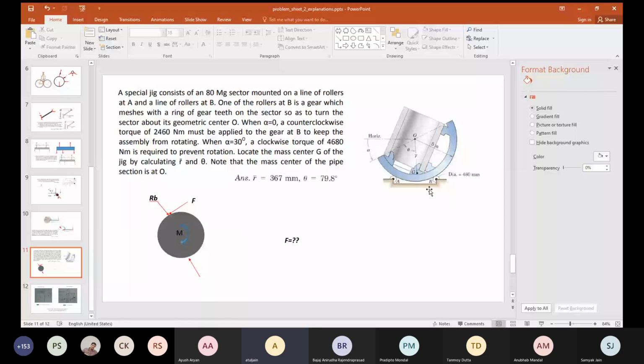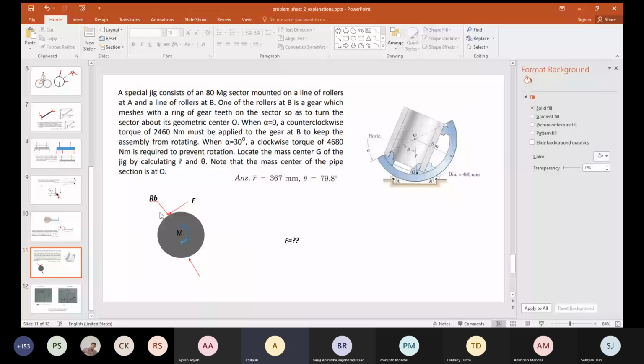The free body diagram of the gear at B looks something like this. You have a normal and tangential force at the point of contact between the jig and the gear, which I have drawn as RB and F. Moment M is applied and there is a normal force where the gear is resting. This is the free body diagram of the gear.